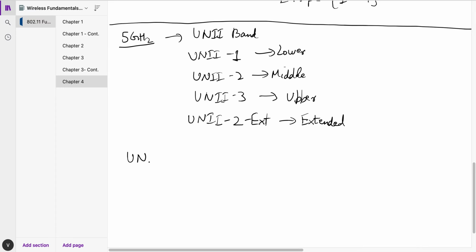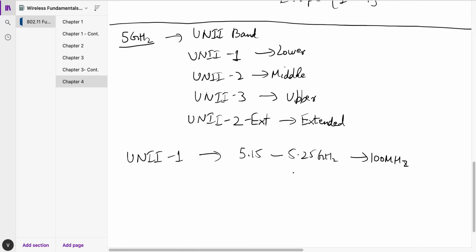Now, this UNII 1 band supports the frequency range of 5.15 to 5.25 gigahertz, which is a 100 megahertz wide band, right?